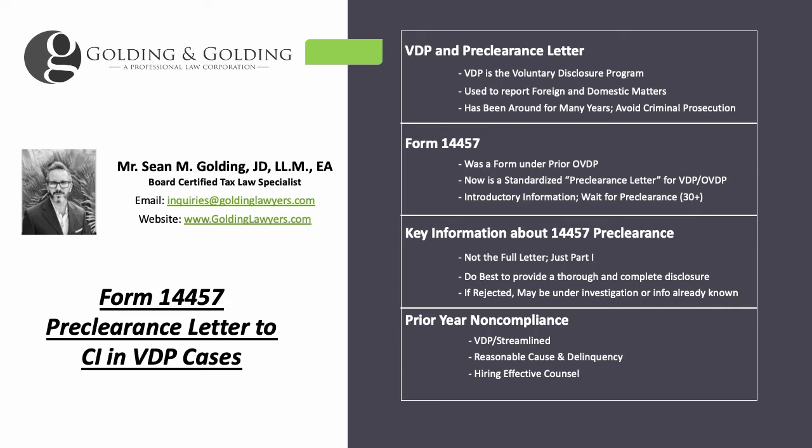One day you wake up and they updated the instructions, and it's no longer an automatic penalty waiver. So, you have to kind of weigh getting it done and getting it in versus getting it absolutely accurate. And you should try to be absolutely accurate and thorough, but if you make a mistake, if you have some additional account or something that you don't put in the preclearance, you didn't know about it, it was dormant, and you remembered it later, it's not fatal.